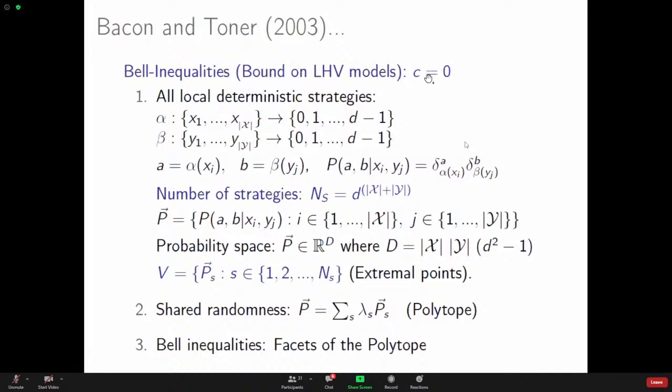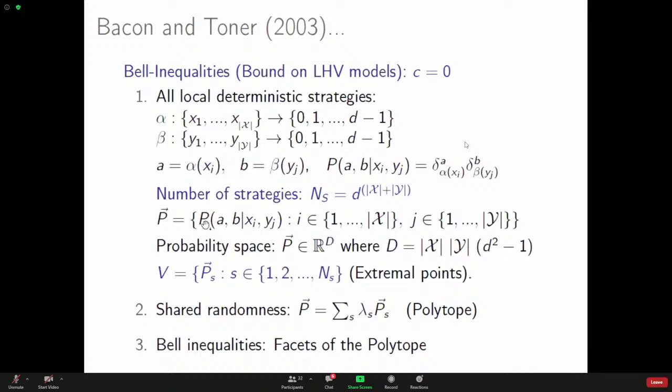This is a bound on the LHV model when C is equal to 0. One usually computes all the deterministic functions from Alice to Bob, and then tries to solve in the probability space, where all these conditions are linear.